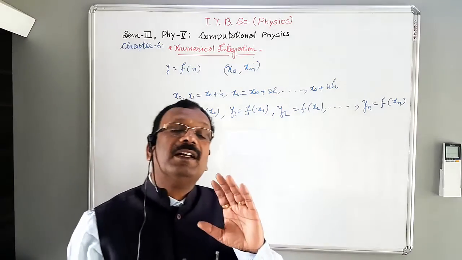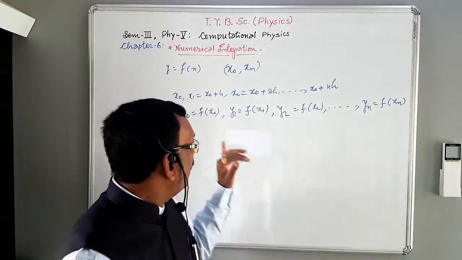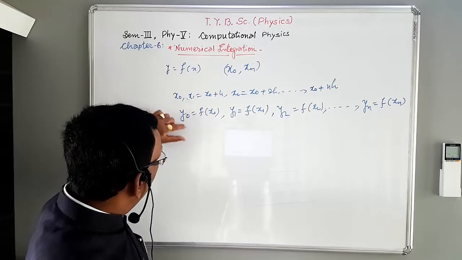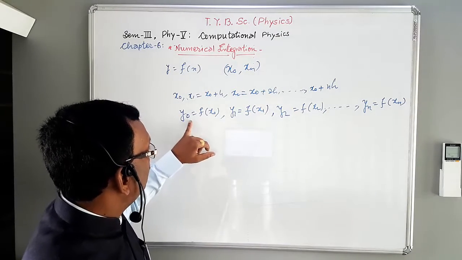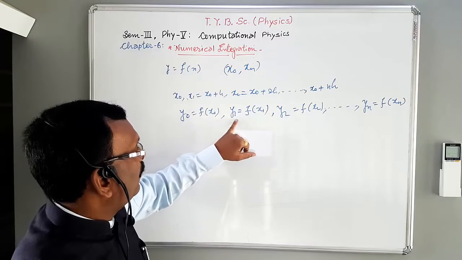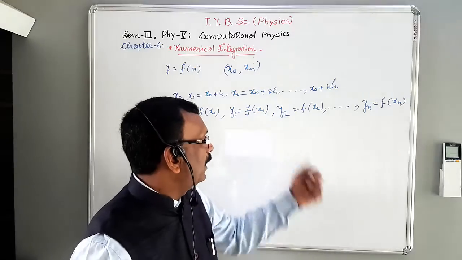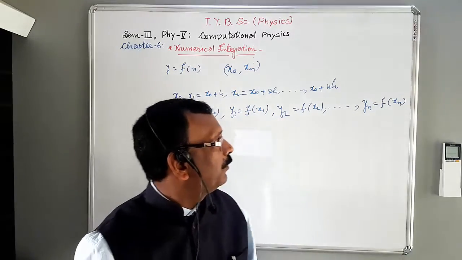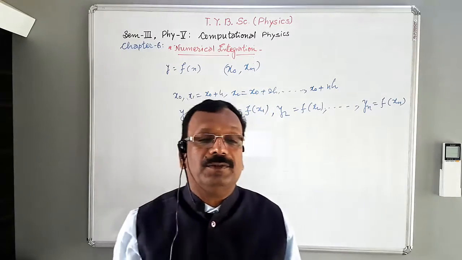We have to find corresponding values of y: y0 equal to f of x0, y1 equal to f of x1, y2 equal to f of x2, and in this way the last one is yn equal to f of xn.